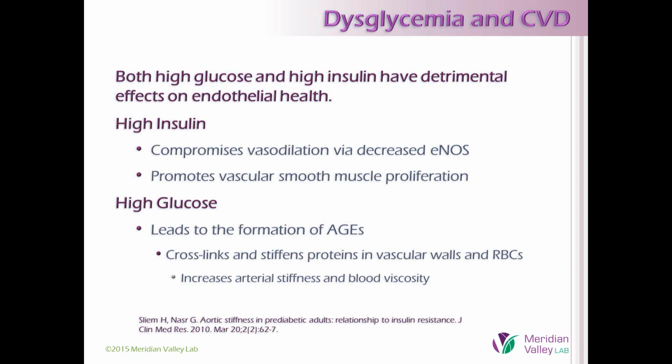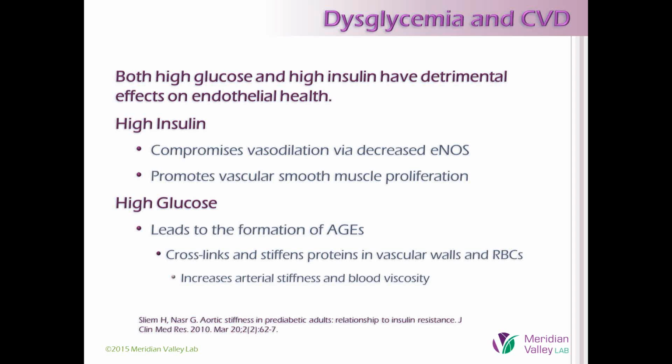So on the insulin side of the equation, we have a decreased endothelial nitric oxide synthase activity, and we also have the promotion of vascular smooth muscle inside the vascular wall. We know this is one of the ingredients to atherosclerosis.